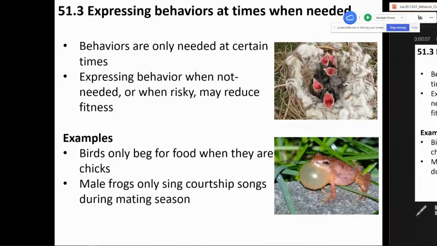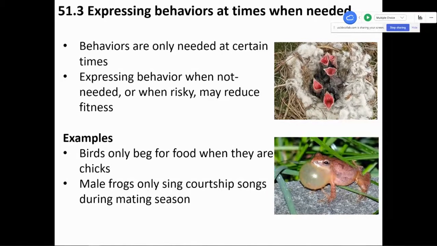So this is where we were last time, and basically we were talking about how it's beneficial to have some time control over when you display a behavior, because you don't want to display a behavior at a time when it's non-beneficial to you, so it makes you more vulnerable to predators or something.